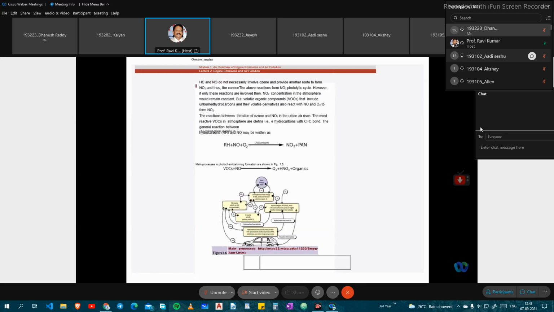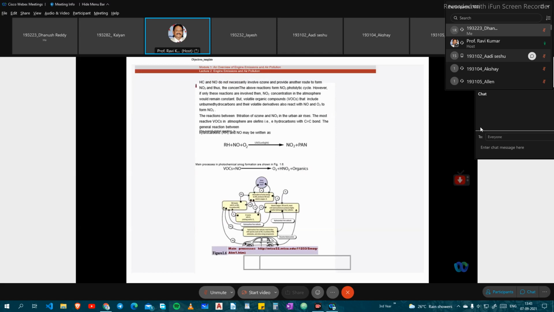HC and NO do not necessarily involve ozone and provide another route to form NO2. Thus the above reactions form the NO to NO2 photolytic cycle.